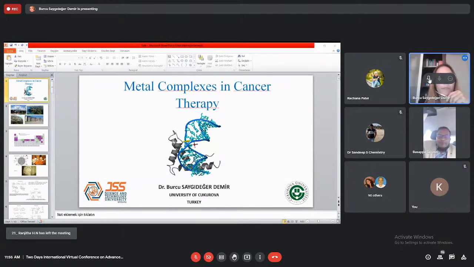Today, in this conference, I will talk about metal complexes used in cancer treatment, their mechanism of action, and some of our studies on this subject. As we know, inorganic elements have an important place in the human organism. They are used as building blocks in the regulation of some processes and as cofactors of enzymes.